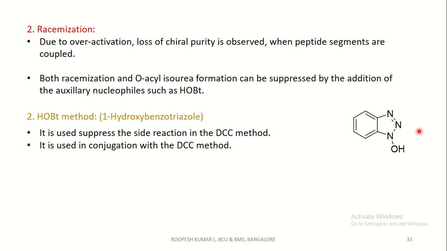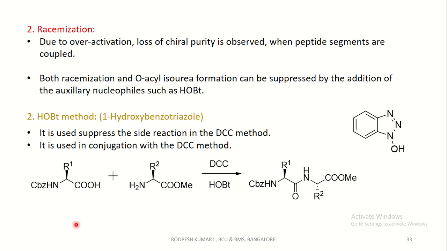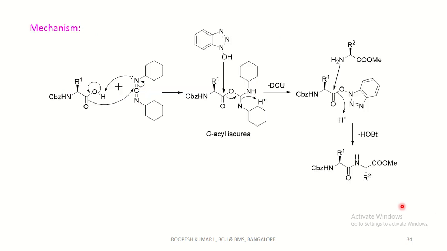That is, in the presence of DCC, you add HOBT for the formation of the peptide bond. Here I have taken a Z amino acid, that is, an N-protected amino acid, and here a methyl ester, that is, a C-protected amino acid. Both on reaction with DCC as well as HOBT give a peptide bond with no side products.